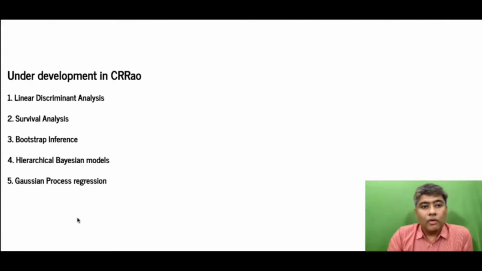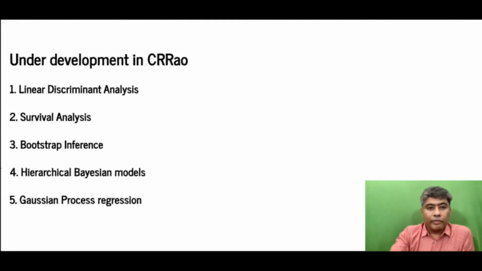So currently, what are the things under development for CRO? Right now we are implementing linear discriminant analysis, survival analysis, bootstrap inference, hierarchical Bayesian models, and Gaussian process regression.